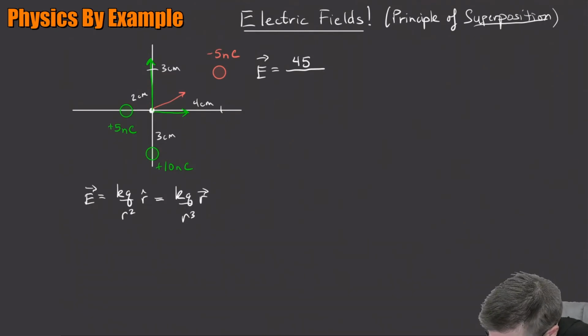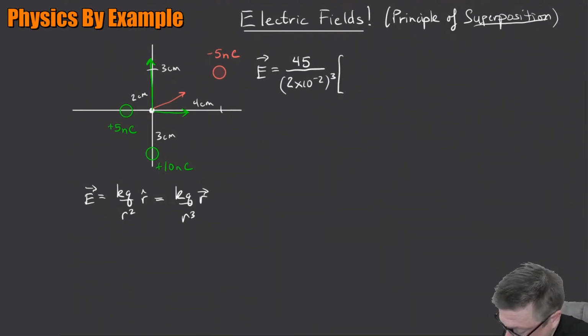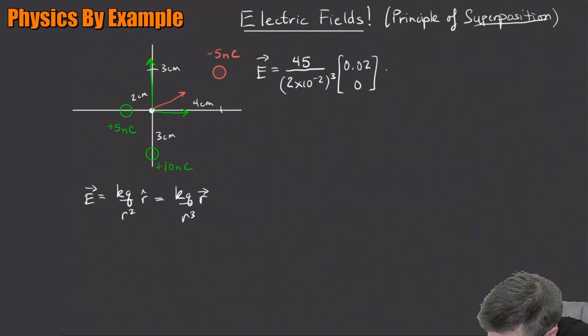So it's going to be 2 times 10 to the -2, cubed. And then what's the vector? The vector is just going to be from the charge to the origin: 0.02 and 0. Now let's do the plus 10. 9 times 10 is going to be 90, K times Q is 90, and that distance is 3 times 10 to the -2, cubed.